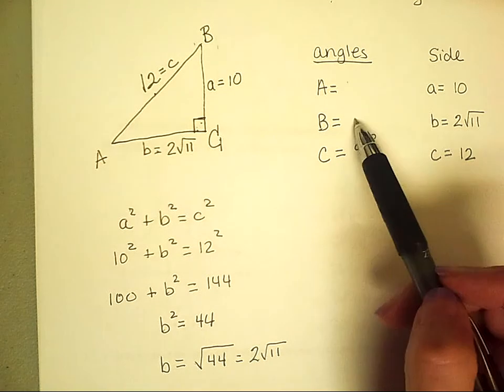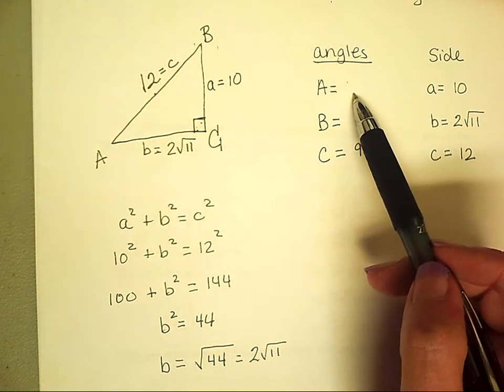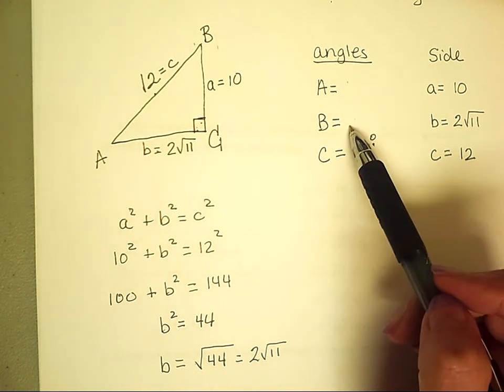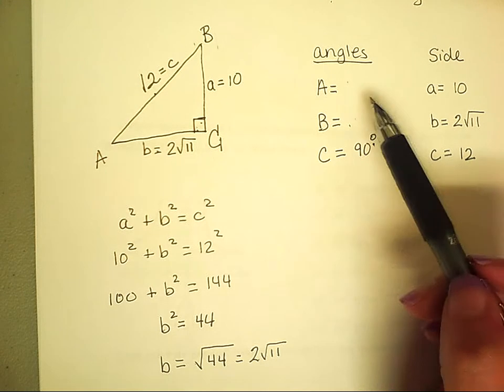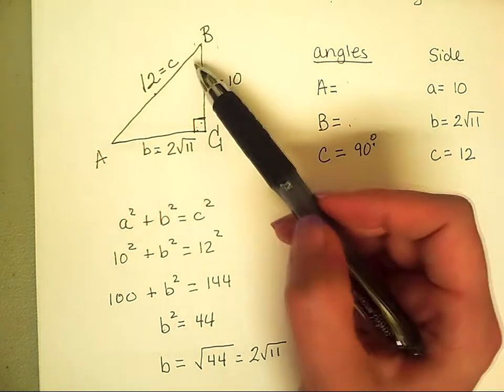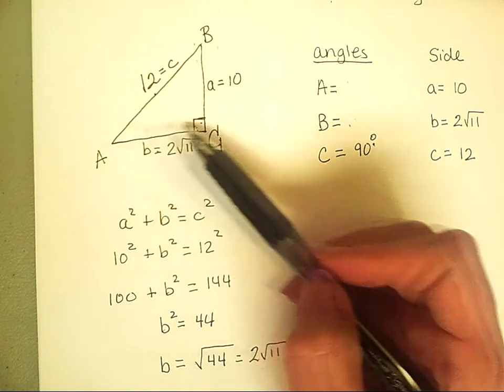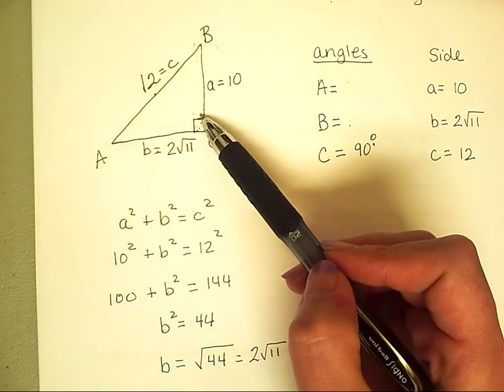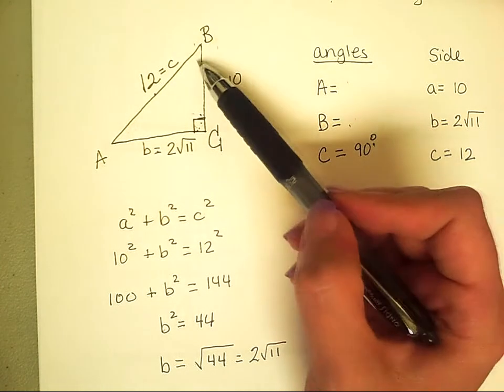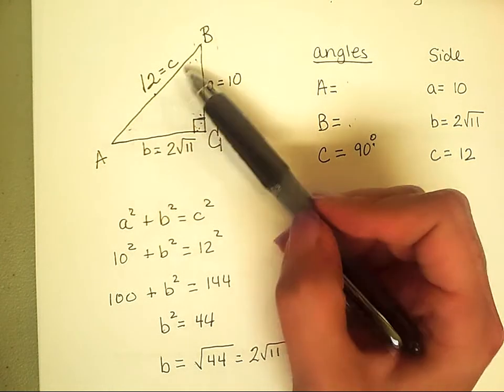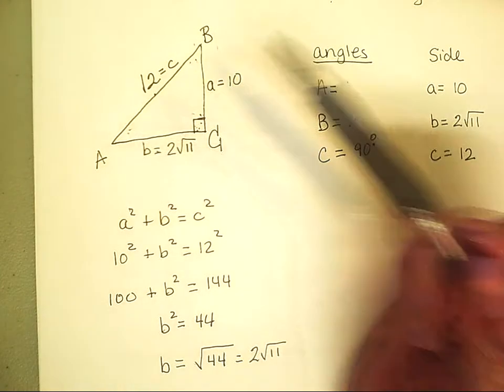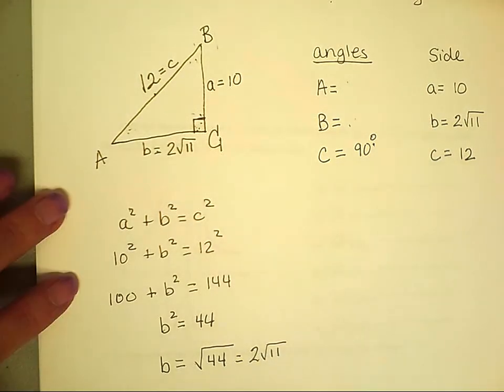The question then becomes, how are we going to find A and B? Okay, I know they have to add up to 90 degrees. That's true. Why? Because the sum of the angles must be 180, and if this one's 90, then the remaining angles must add up to 90.